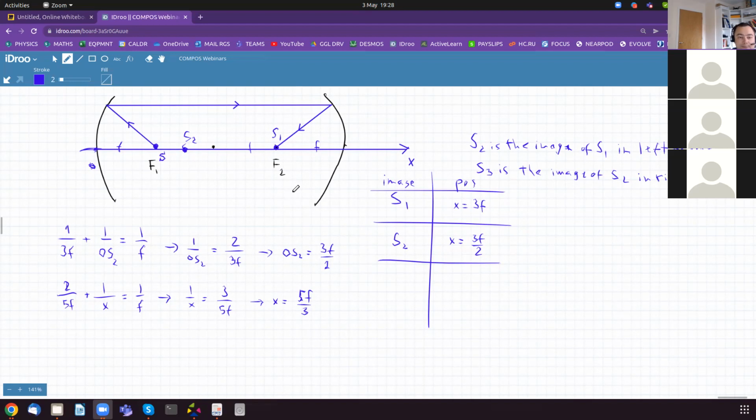Well, it's 5f over 3 from the right mirror, and also S3 is 7f over 3 from the left mirror.